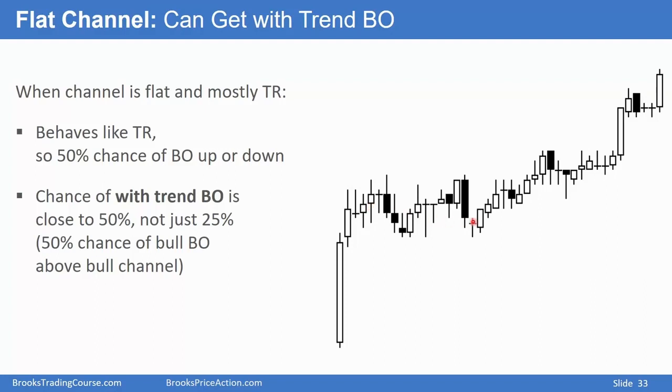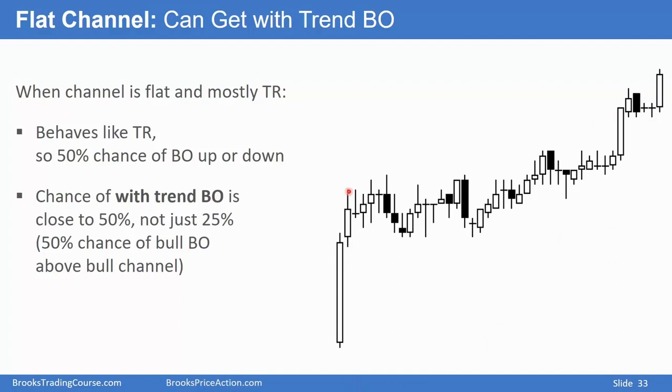I tend to think of this as part of the channel, that the channel began either here or here, and it's a horizontal channel. If the pullback goes sideways for 20 or 30 bars, then the probability of trend resumption up drops to about the same as the probability of trend reversal down. Here, we lasted about 15 bars or so. I still think the probability favored trend resumption up.